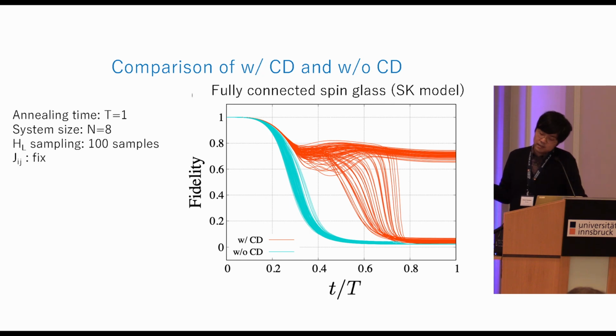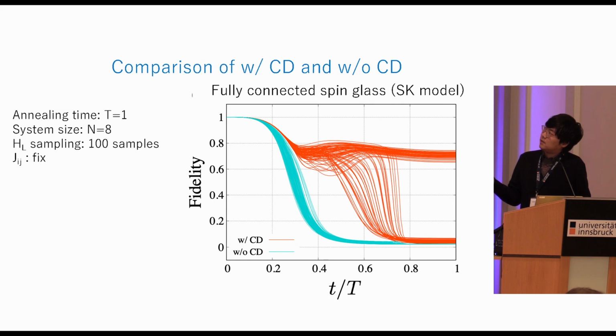First, we examined the fully connected Ising model, the so-called Sherrington-Kirkpatrick model. This figure shows the time dependence of fidelity. Here, the fidelity is defined as the inner product between the Schrödinger dynamics and the exact diagonalization of quantum annealing.